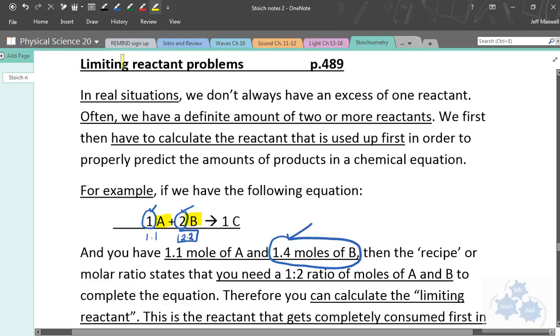So what is a limiting reactant problem involving? Well, in real situations, we don't always have an excess of one reactant.